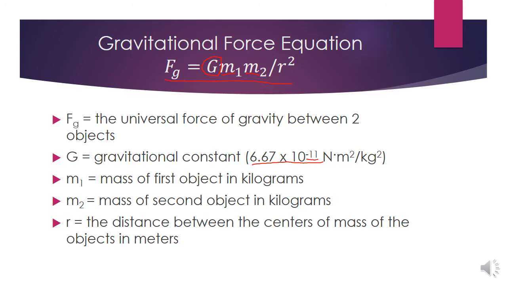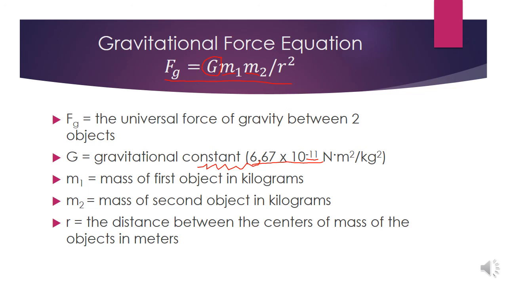That means we are taking this decimal point and moving it 11 times to the left. So very, very small. That's why in the end, when we're done calculating these, F sub G is actually a really small number due to that gravitational constant. These are very small forces.